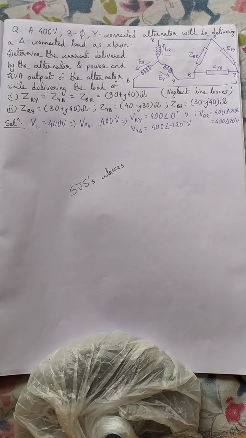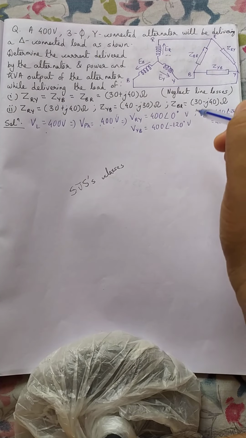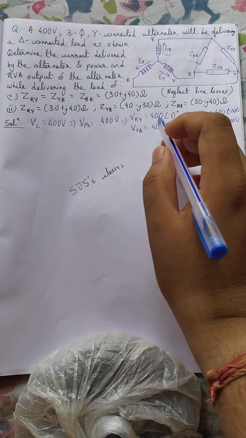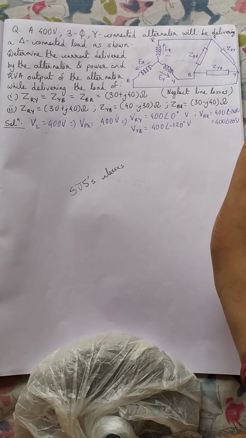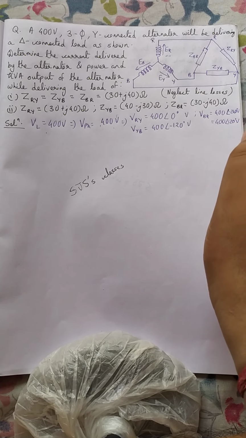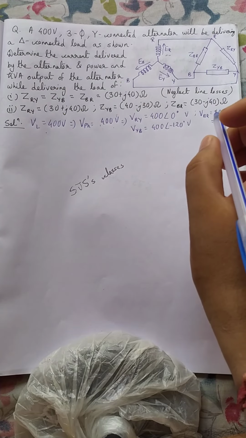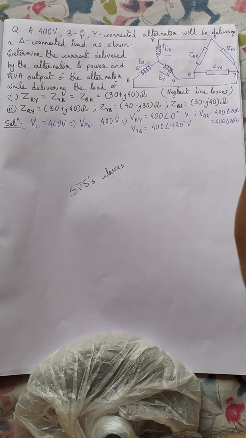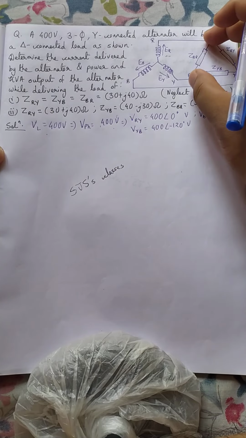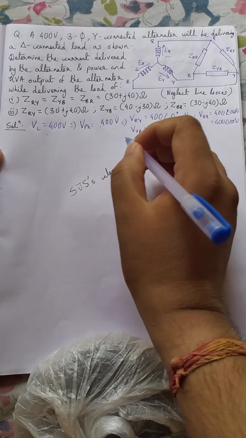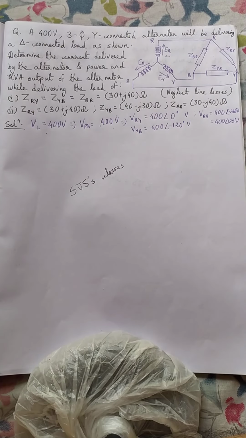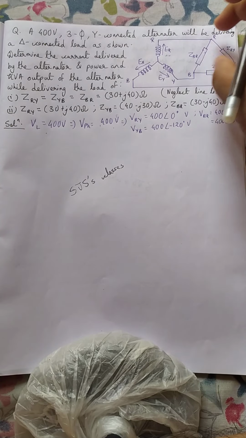But before moving to that, let us understand something. We know Ohm's law, we know the basics of AC fundamentals, and based on that we will be moving forward. So try to understand the ideology first. The voltages are given, the impedances are given, so there will be some current due to this voltage.